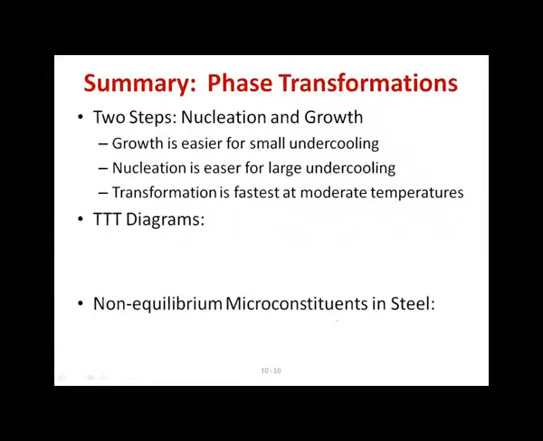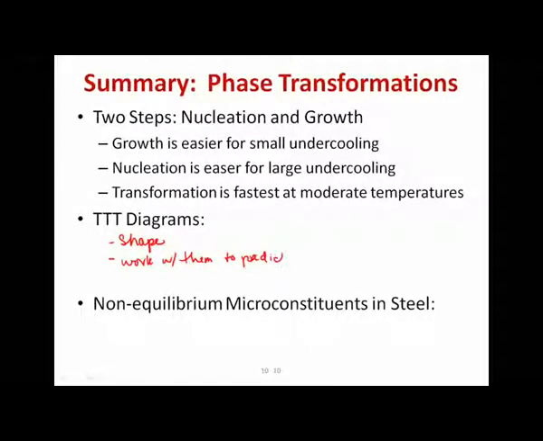Okay, so what do you need to know about phase transformations? You need to know nucleation and growth. How do they work? What's easier at which one? For TTT diagrams, I want you to know the shape. I want you to be able to work with them to predict microstructures or to design a heat treatment that would give you a certain microstructure.